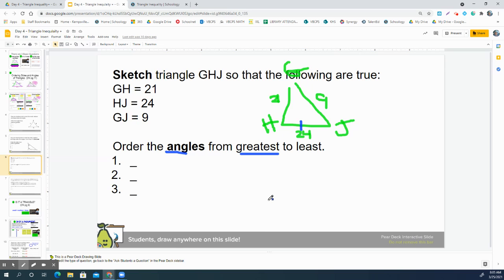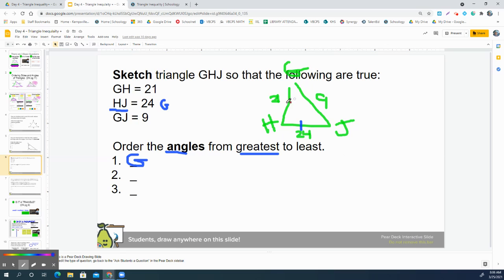What angle is opposite it? G. And notice that the G is not labeled in the side. So if I have side HJ, the angle opposite it is going to be the letter that's missing from the 3. So G is the biggest.